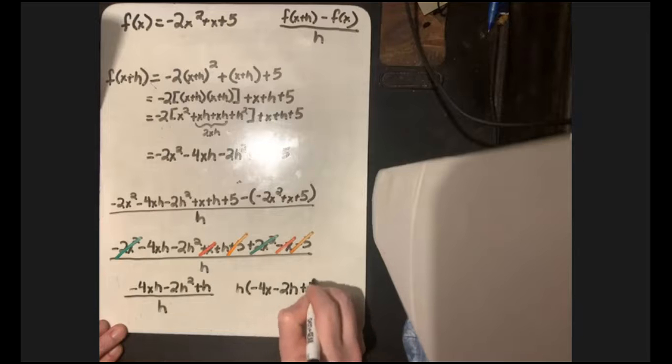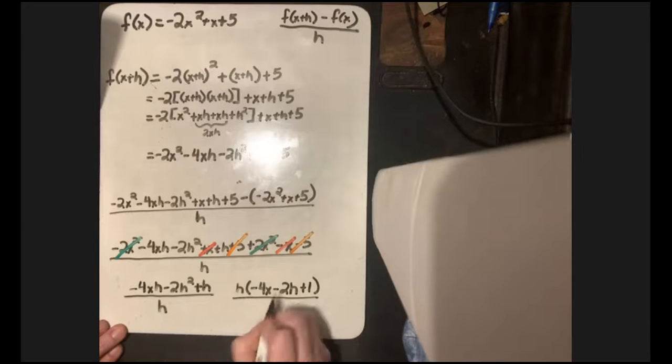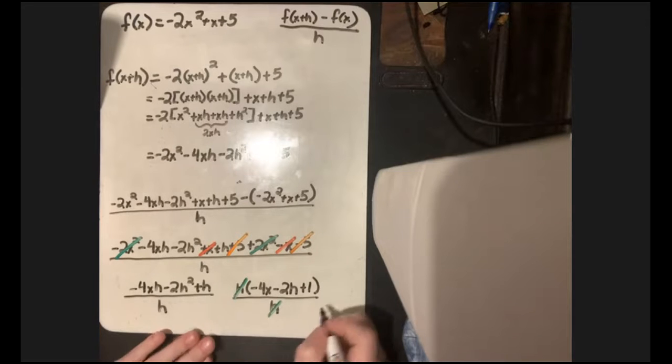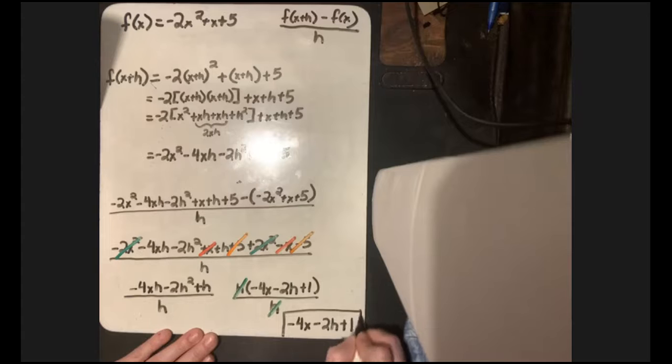So I need the plus 1 still sitting out here on the end over h. H top and bottom will cancel. So my final answer for this is going to be negative 4x minus 2h plus 1. That's going to be my final answer for this difference quotient, okay?